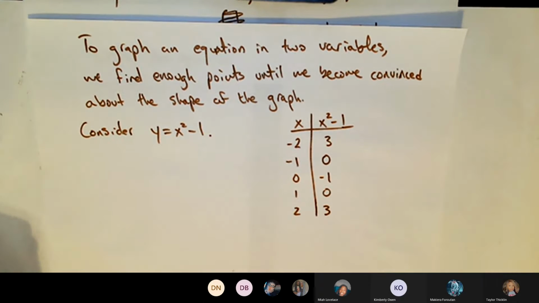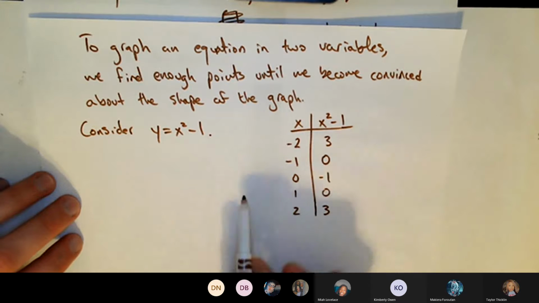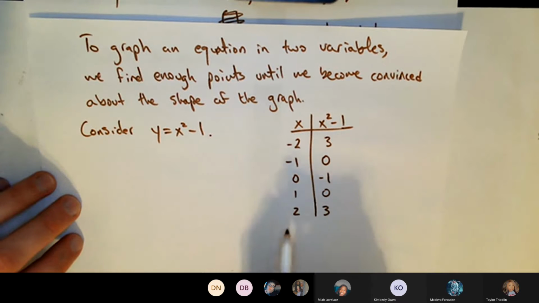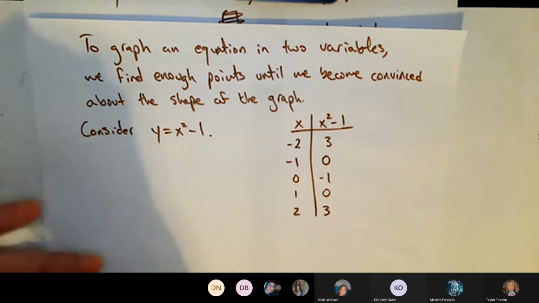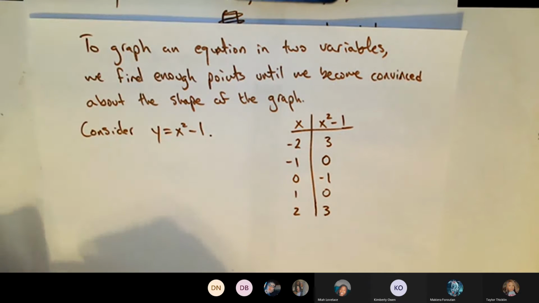All right, so I've got 5 points here. This table of values corresponds to 5 coordinate points: (-2, 3), (-1, 0), (0, -1), (1, 0), and (2, 3). I want to make a note here that I've got some x and y intercepts.